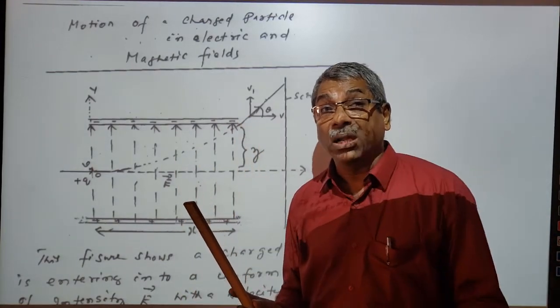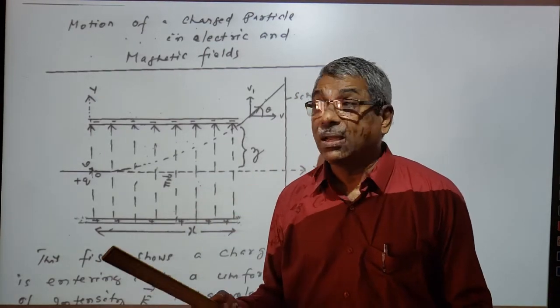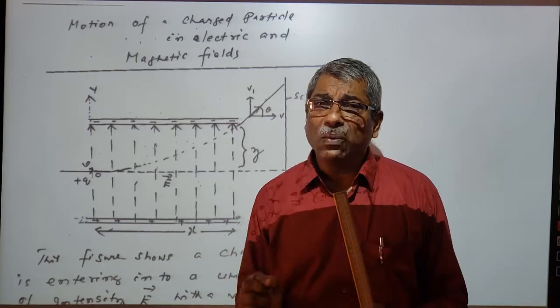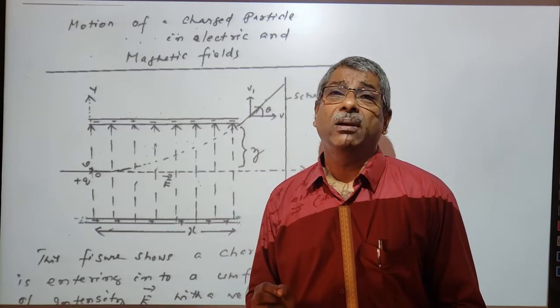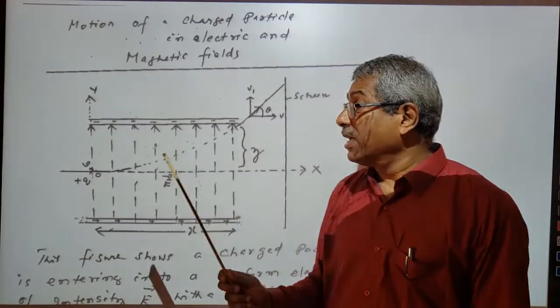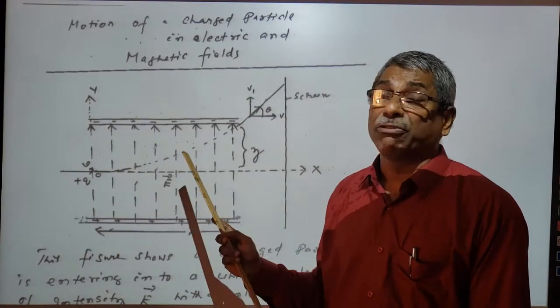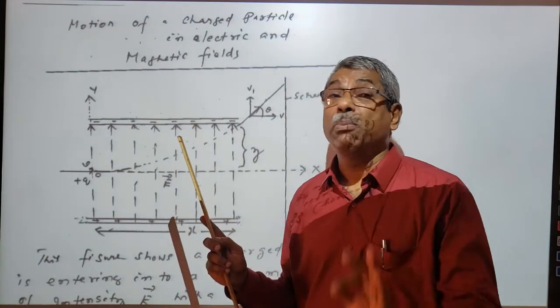When a charged particle moves in a uniform magnetic field, I have said that it follows a circular path. While when a charged particle moves in a uniform electric field, it moves in a parabolic path.